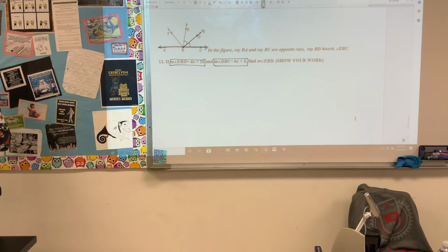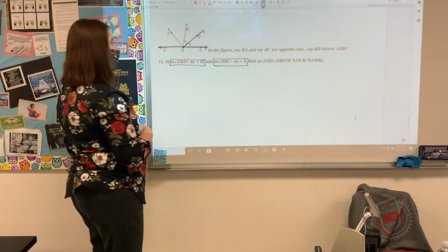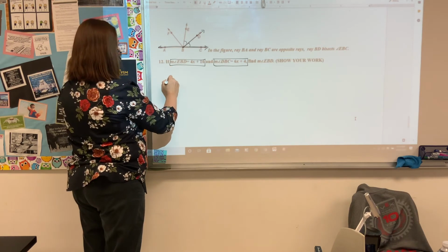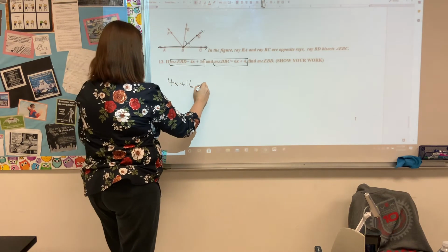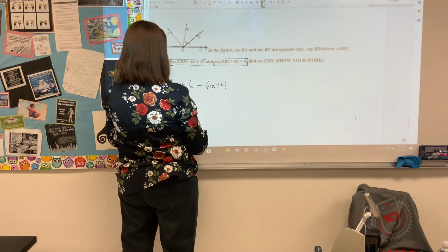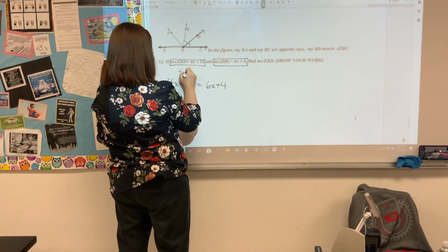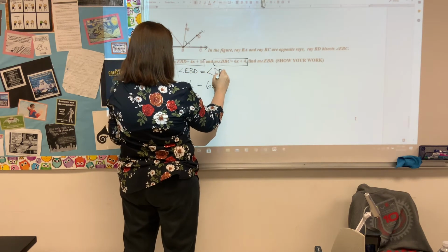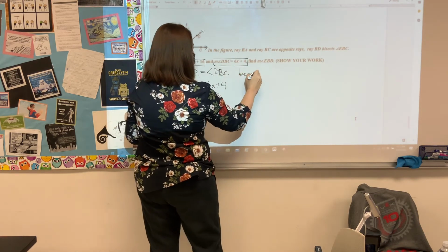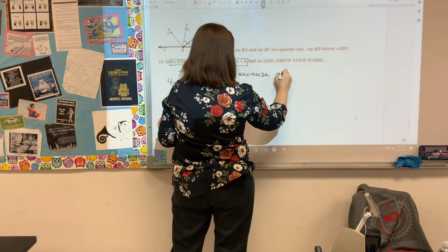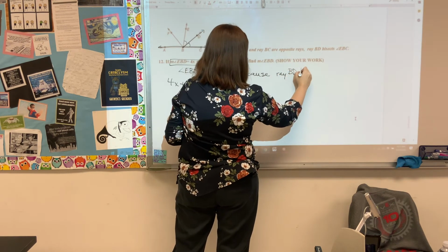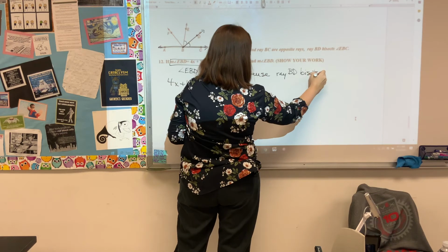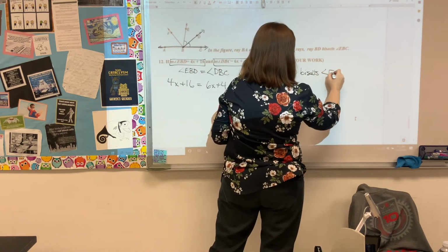How do I solve for x? Where do I begin? Well, what I did I think was wrong. I really just said that 4x plus 16 equals 6x plus 4, and then I did algebra, and then... Yeah, that's completely right, because we know that angle EBD equals angle DBC, because ray BD bisects EBC.